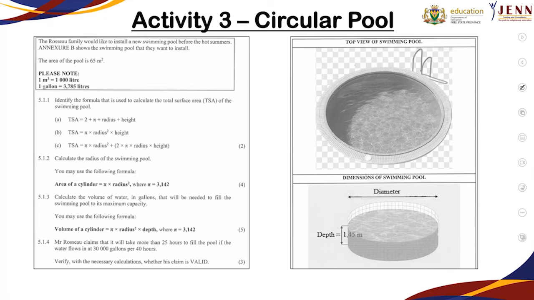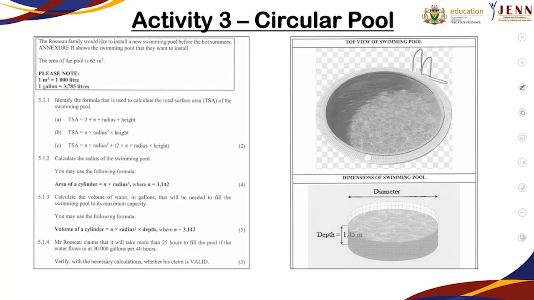It's about a circular pool. And it says, the Rousseau family would like to install a new swimming pool before the hot summers. Annexure B shows the swimming pool that they want to install. The area of the pool is 65 square meters.